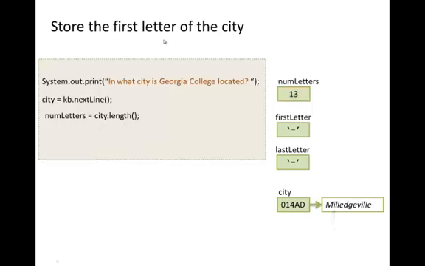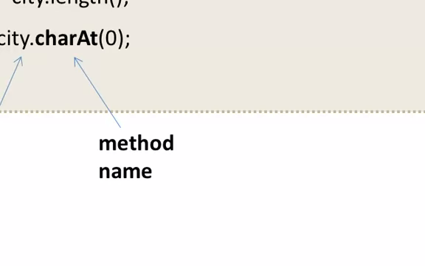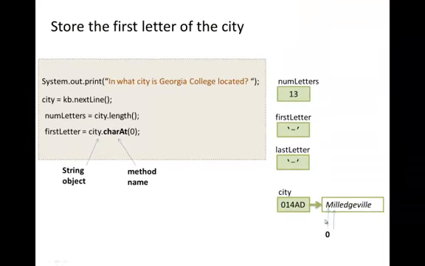Next, I'm going to store the very first letter of the city. The answer is firstLetter equals city.charAt(0). City is a string object, dot charAt, the method name. And in parentheses, I'm placing 0. Notice that each character in the string is at a different position. The first one is 0. The last one here in this example is at position 12.